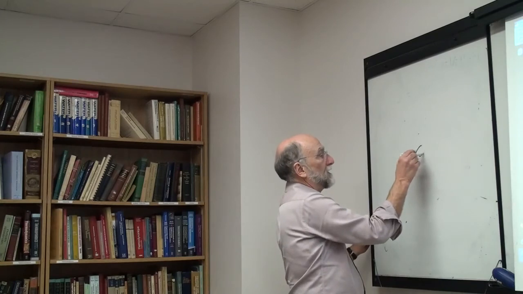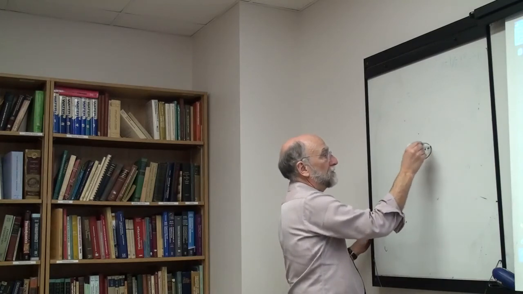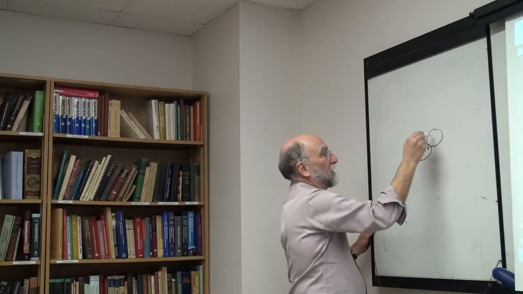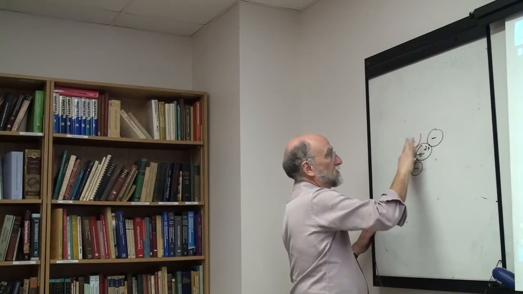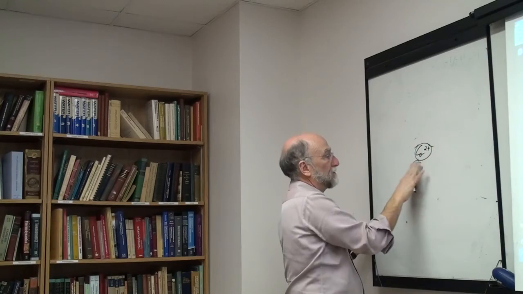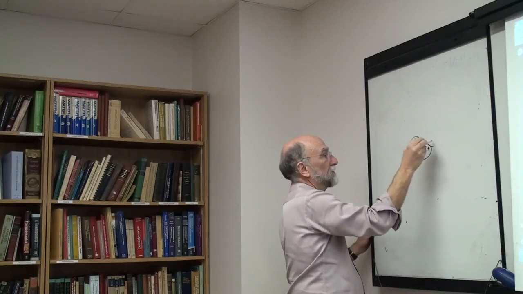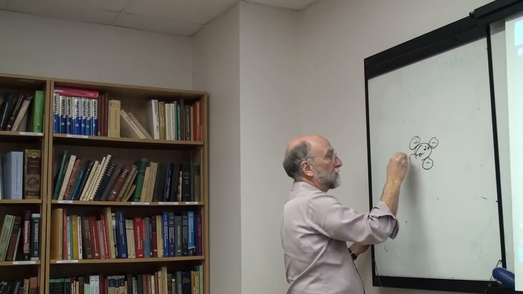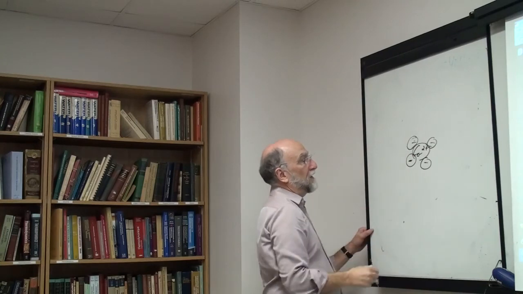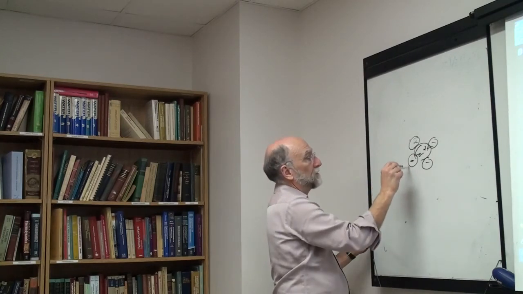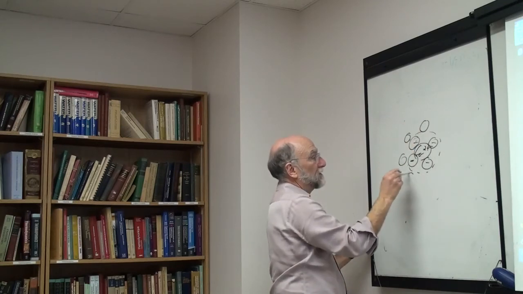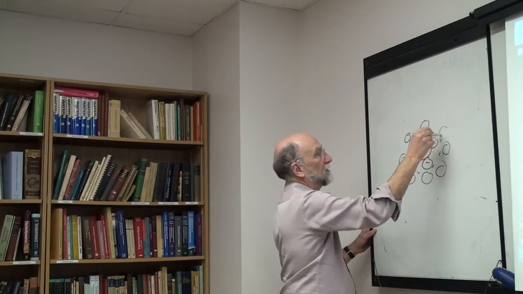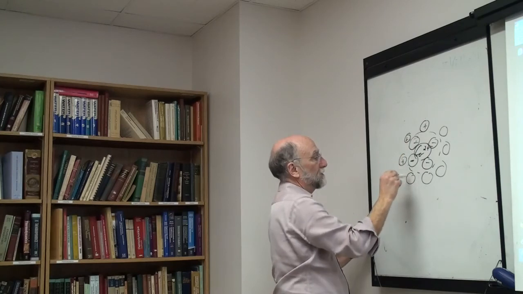So let us imagine that we have a cobalt ion here, and the cobalt ion has 4 chlorines. I'm not going to write chlorine, I'm just going to write a negative. Okay, so the cobalt ion is surrounded tetrahedrally by 4 chlorines. Okay, that's its first coordination shell. And then around it, in the second coordination shell, you have potassium ions.